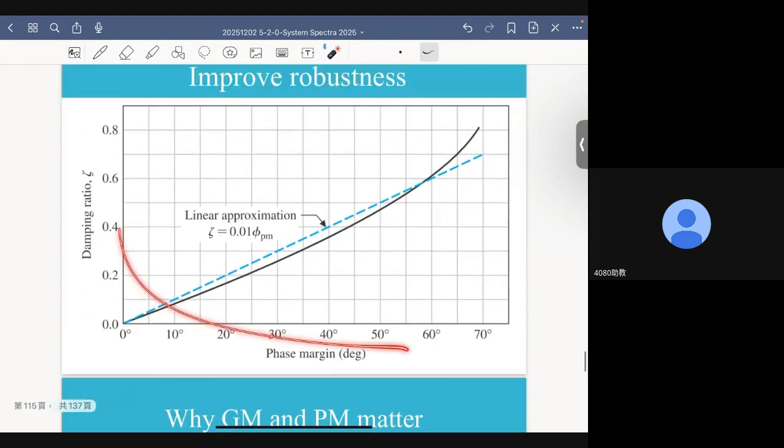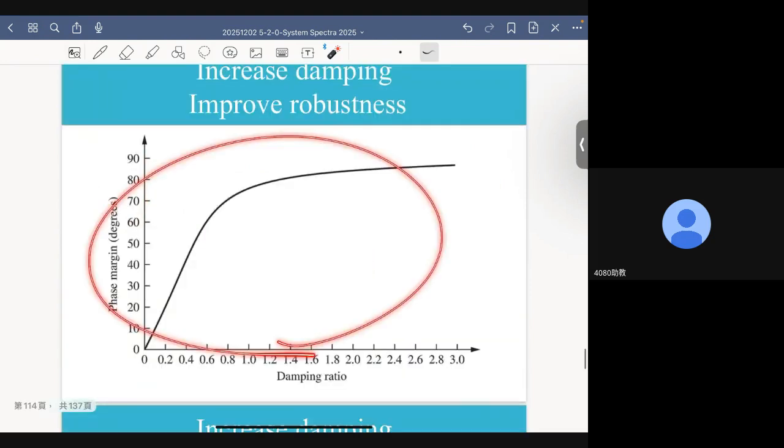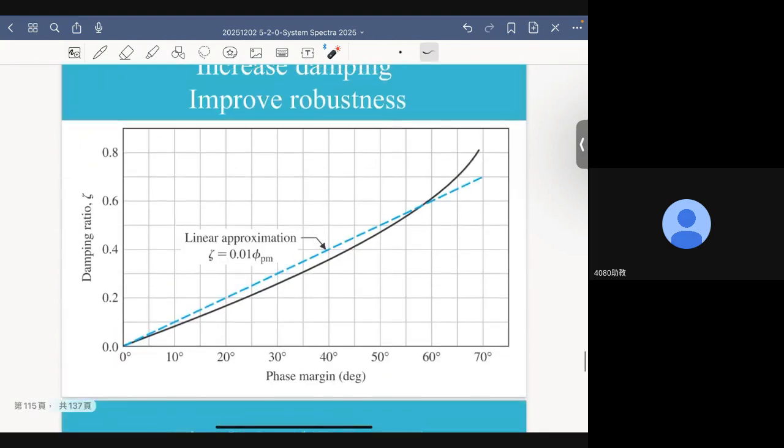Now, you can plot this curve the other way around. Here, damping ratio is viewed as the independent variable. Phase margin is the dependent variable. That is, when viewing this curve, we see how phase margin changes with the value of damping ratio. And we can view the same thing from another perspective.